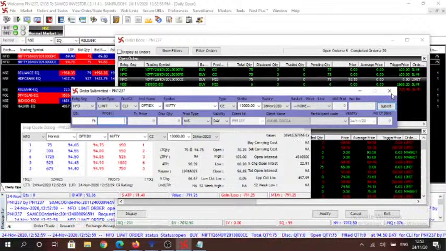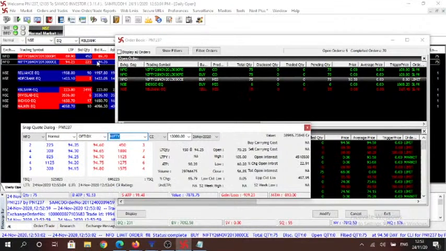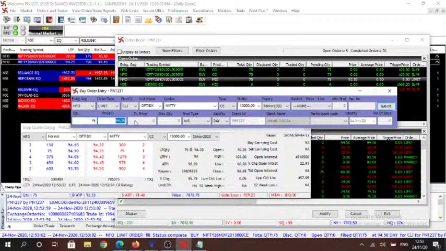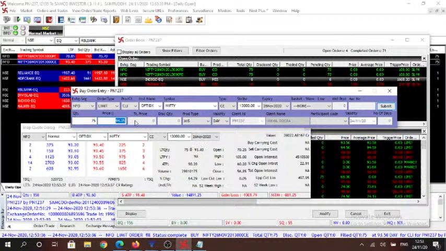It's around 94.5. Let's see, we get filled. Yep, we have been filled. We have an order at 93.5 pending. So let's see if it also gets filled. We have been filled at 93.5 as well. That's fine.